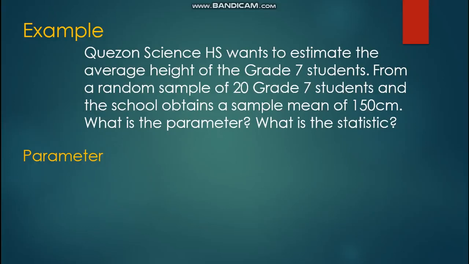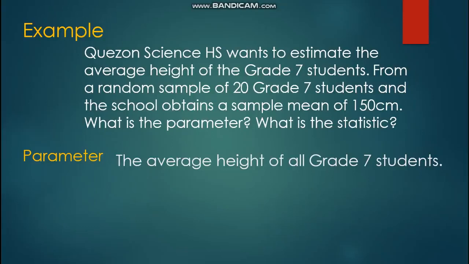Okay? So, if you get the mean, you took the mean of the entire population of grade 7 students at Quezon Science High School. So, that is the parameter, the average height of all grade 7 students. But the numerical measurement of 150 centimeters, that is the average height of the sample data of 20 grade 7 students randomly selected from the population.